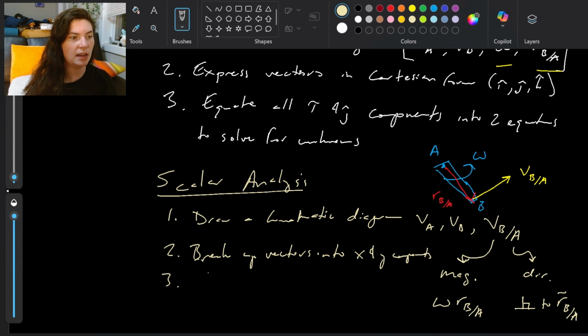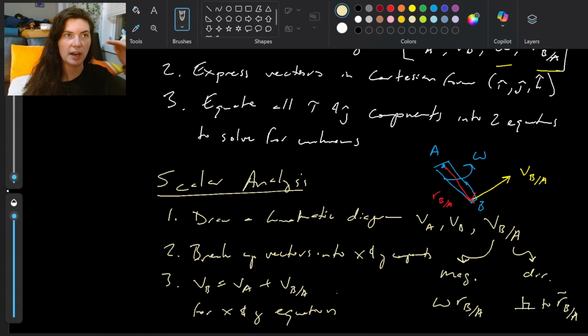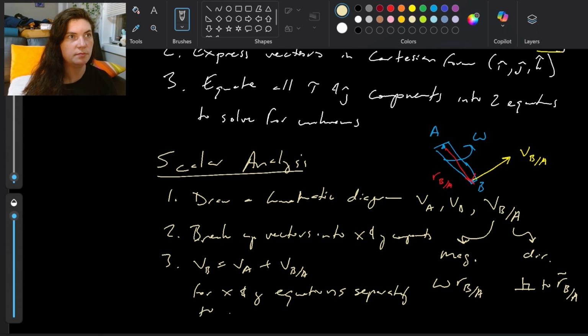And then your last step is going to be using this VB equals VA plus VB with respect to A for x and y equations. So you're going to do that equation twice, once for x components, once for y components, equations separately to solve for unknowns.